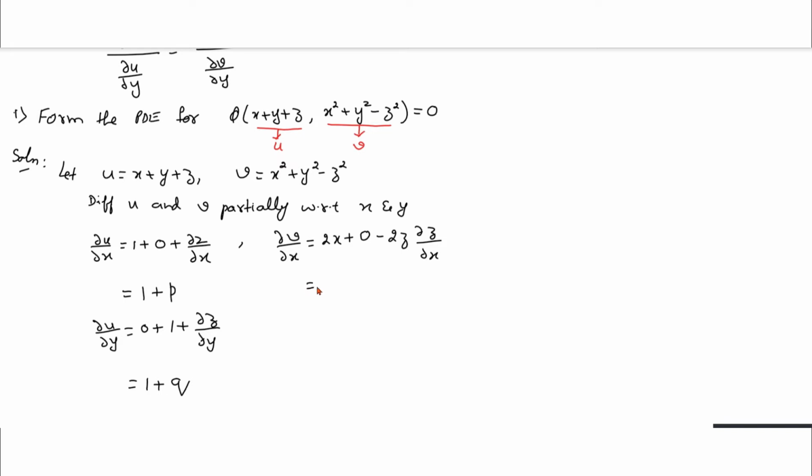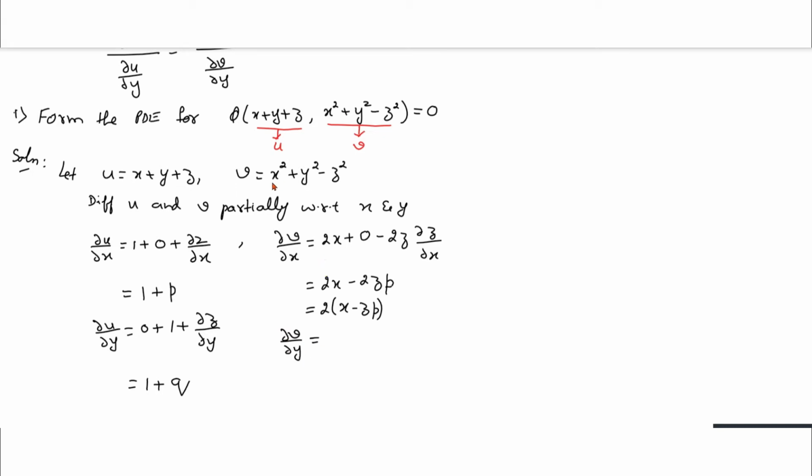This will be equal to 2x minus 2z, and dou z by dou x is nothing but p. Right? We have got dou v by dou x. If you want, you can take 2 common and write the value as 2 times x minus z times p.